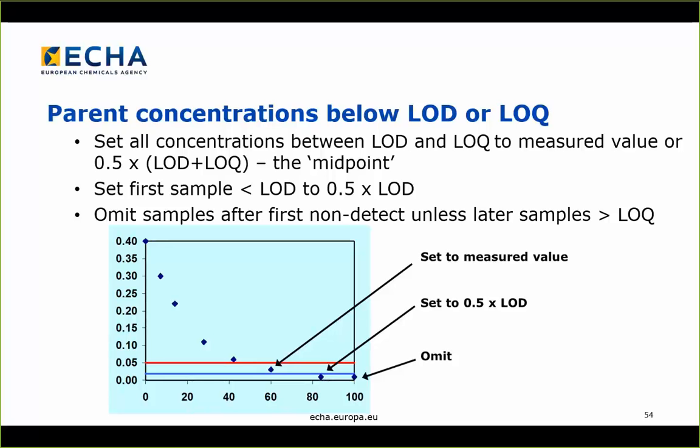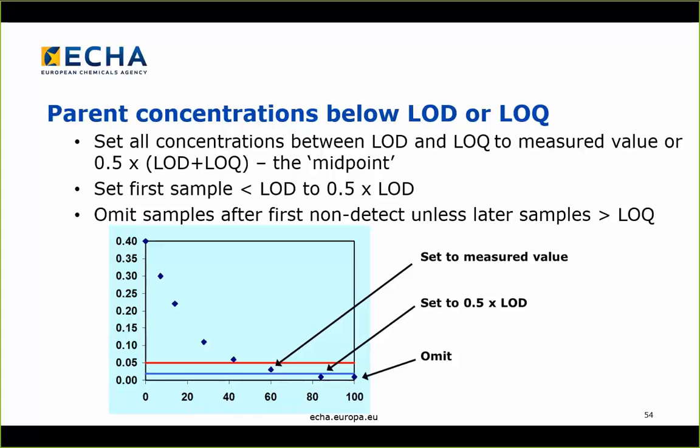So this first, these are very simplistic numbers. You go 100 to 80 to 50 to 5. We don't really care about this. At time 20, you go to less than LOD. At time 25, it's less than LOD. What you would do for this data set is assign this to be 0.5 of the LOD and omit this value, because nothing after this time point that we know of increases above the LOQ.